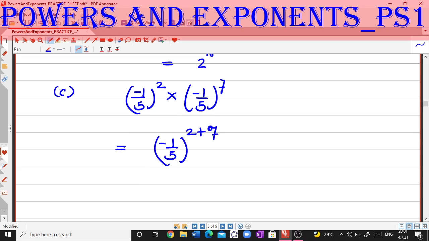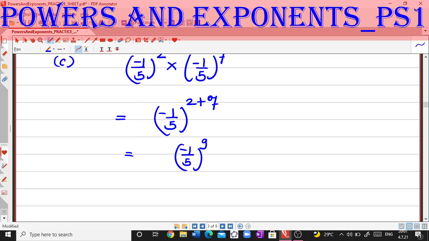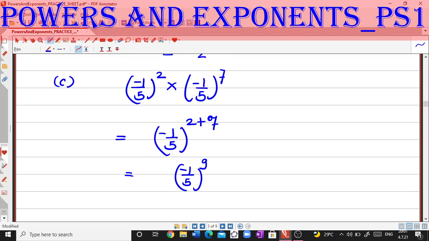So it will be equal to minus 1 upon 5 raised to the power 9. So this is the final answer. I hope this rule of multiplication of two exponents with same base but different powers is clear to you.